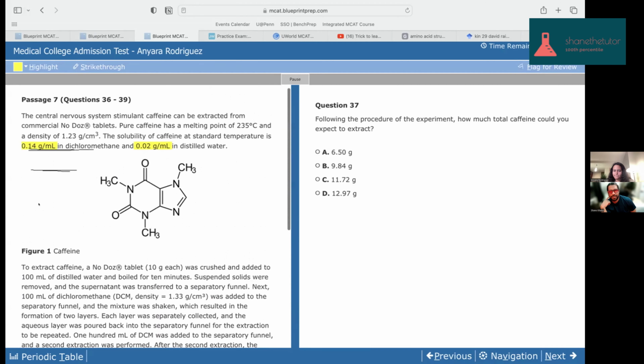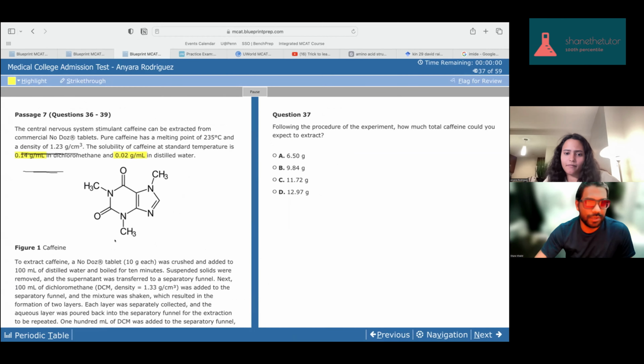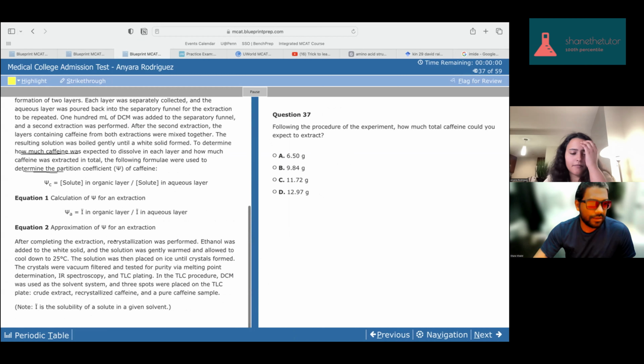What it means is, if you go back down to the two equations, these could be equated to one another.